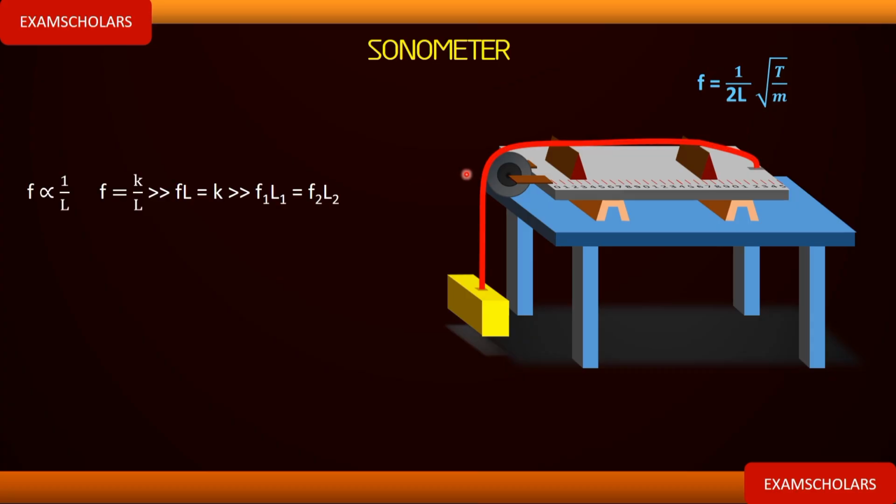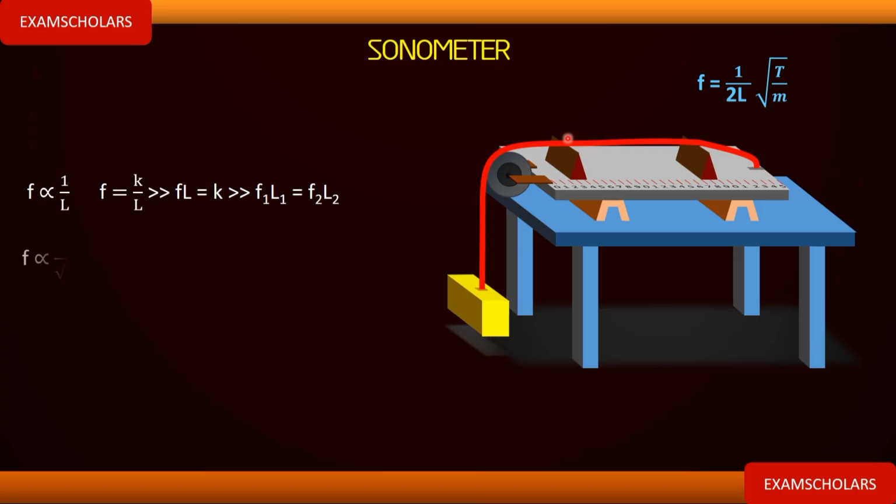Let's increase the thickness of the string. Automatically, you have increased the mass per unit length. When you do that and you pluck this string, you are going to hear a sound that has a low frequency. So which implies that what?